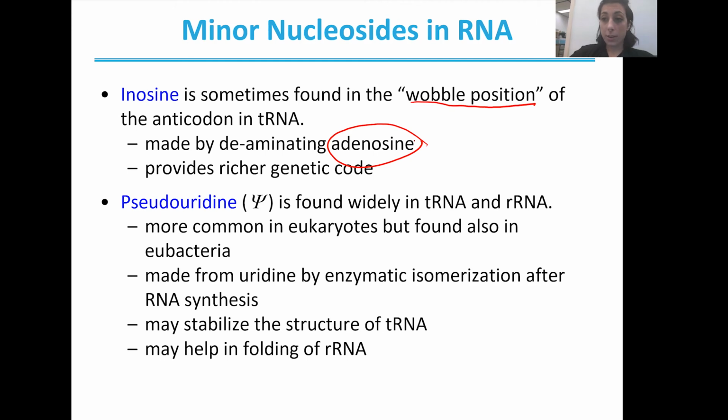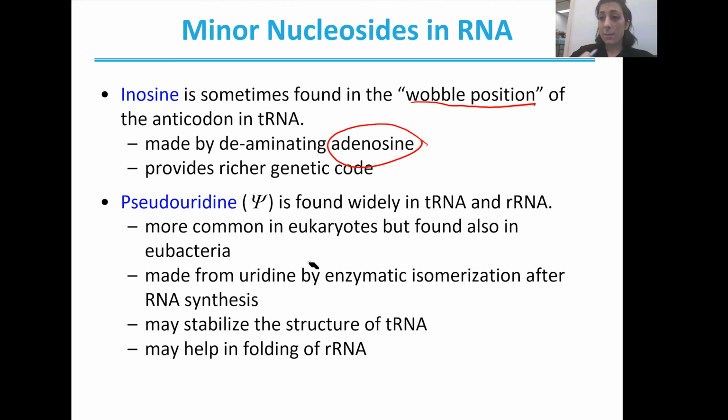There's also another nitrogenous base that is found called pseudouridine. So this is kind of a base that looks similar to uridine, found again commonly in tRNA and also in ribosomal rRNA. It's also found more commonly in eukaryotes than in bacteria, even in bacteria that is symbiotic with us.